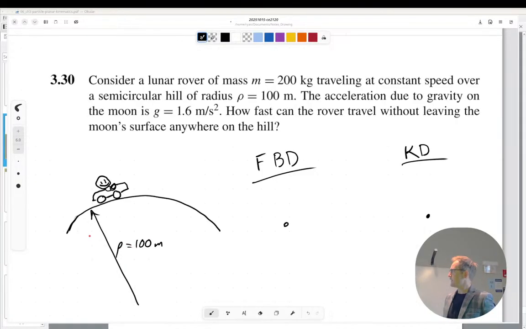So we have a rover going up and over a hill, we're approximating constant curvature, and now I can say, it doesn't matter where I am on the hill, mg is still pointing down. Some nice insights is that along, if this is the current spot on the hill, right?